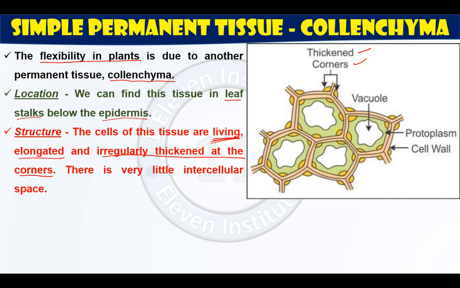The corners of all the cells are irregularly thickened, which means the cell will have less width over here and it will be thick at the corners. There is very little intercellular space. I can say almost no intercellular space, but in the textbook it is written very little intercellular space, so we will write that, which means that the space between two cells is very less.